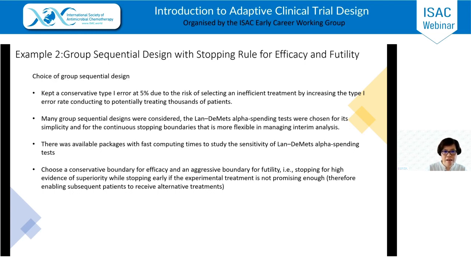They used a rule combining efficacy and futility, with a very conservative efficacy rule but a very aggressive stopping boundary for futility. Another reason to use this method is that it is simple, because they needed a quick simulation, you could train your investigators very well and quickly, and they already had an available package to do that. So those are very important when you do the operations.